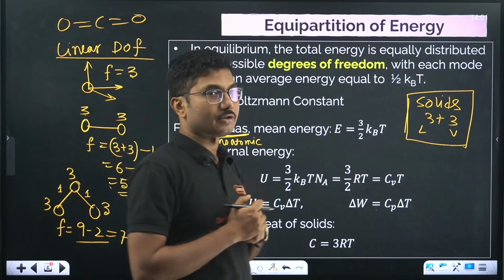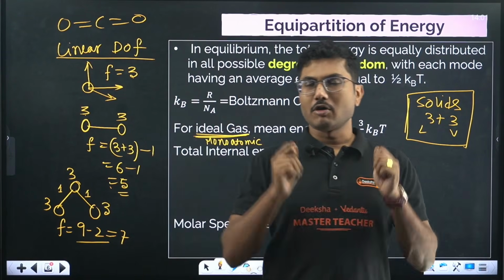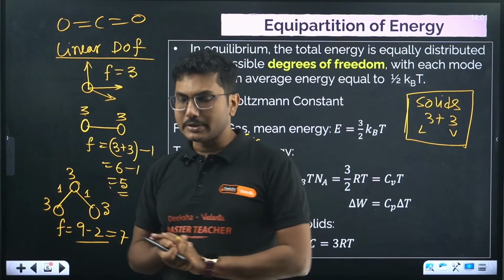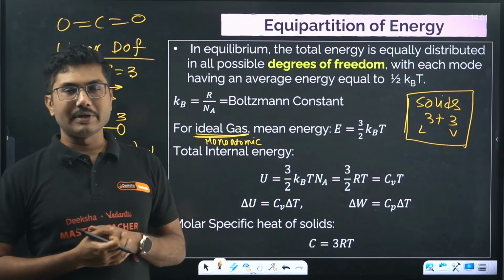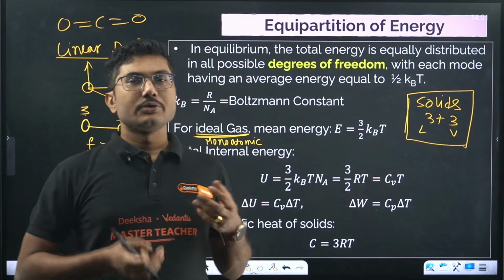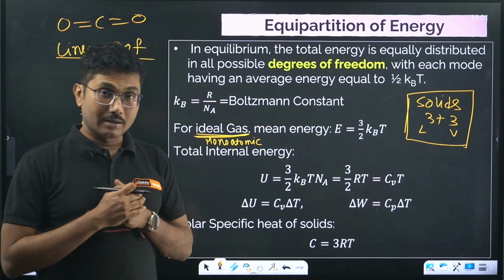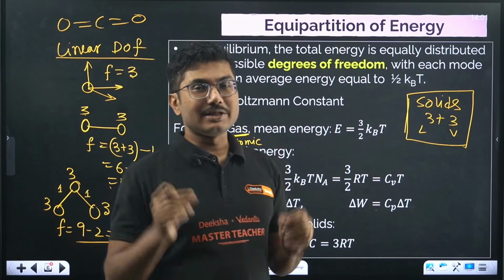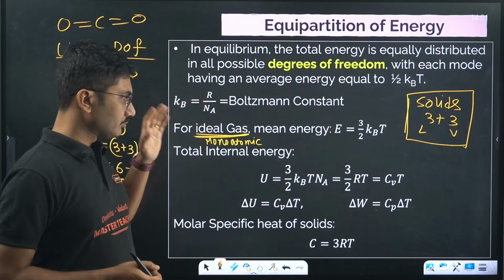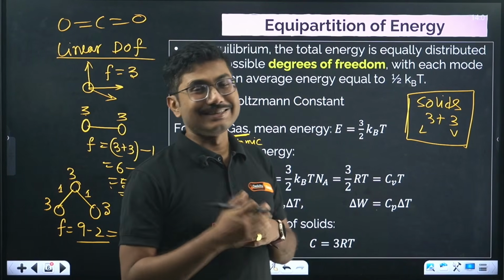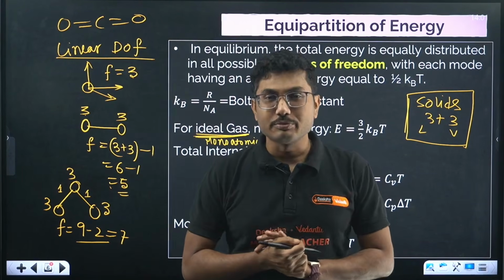If you remember the first law, we said that gas molecules take energy and the remaining energy it gives back as work. The energy it consumes goes into the kinetic energy of the gas molecules, so they move faster.